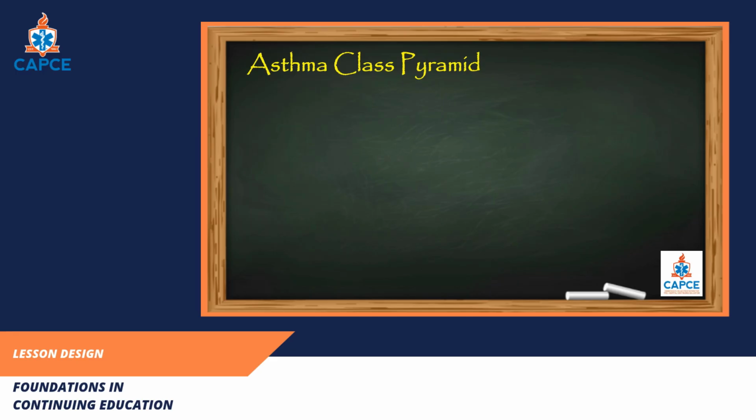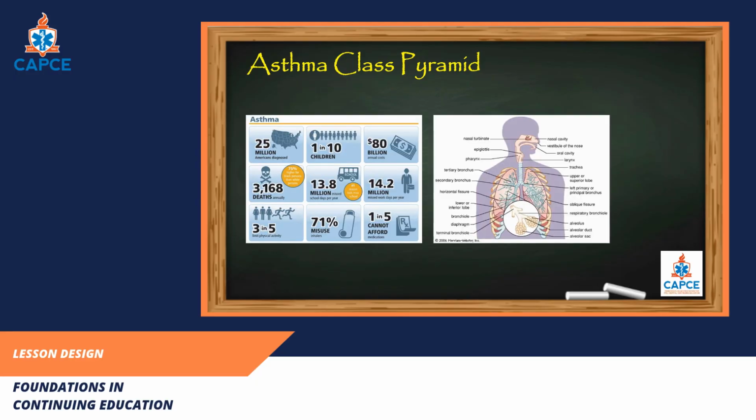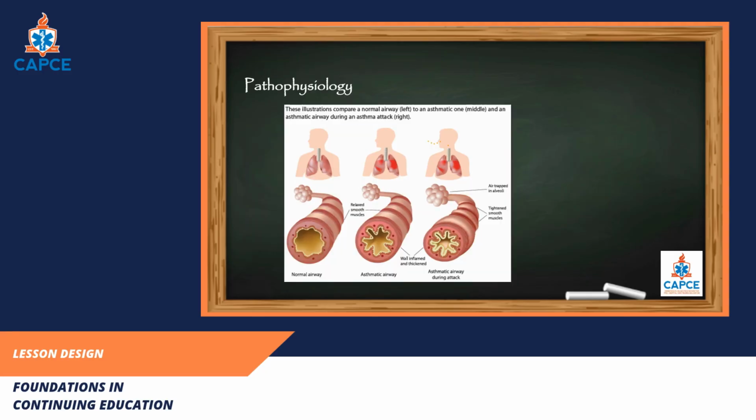Here's an example using our asthma class. First, build a solid foundation of basic knowledge by reviewing epidemiology, anatomy, and physiology of the airways. Then, describe the pathophysiology of an asthma attack with special emphasis on the anatomy and physiology of the normal airway.